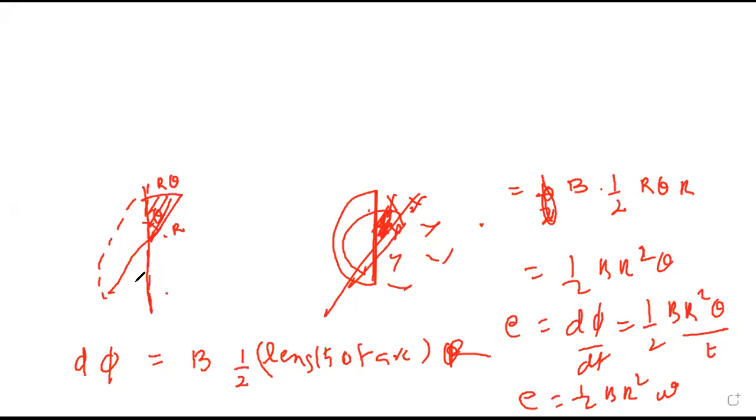So if they say coil earlier it was outside the field, there was no flux. Then it starts rotating. So in any time t, if angle is theta, then area will be half of length of arc into radius. That is area of sector formula I have used.